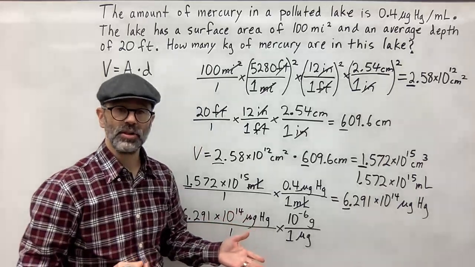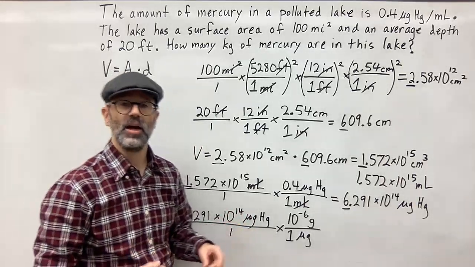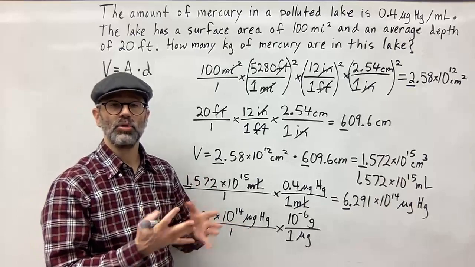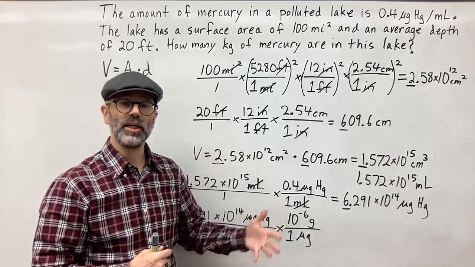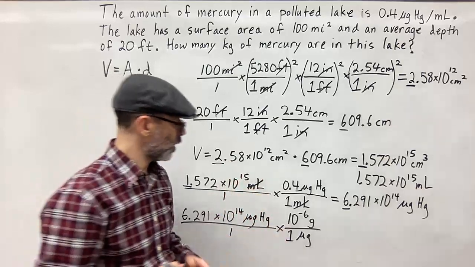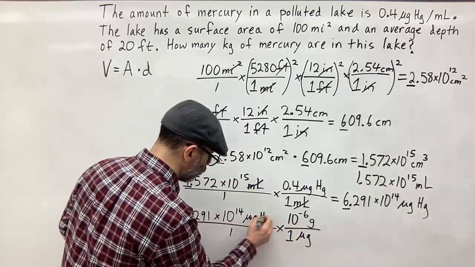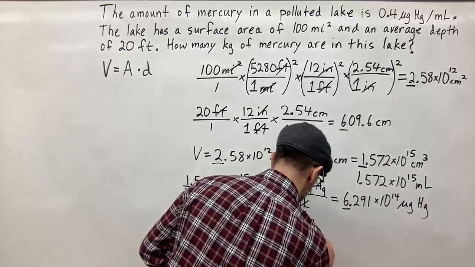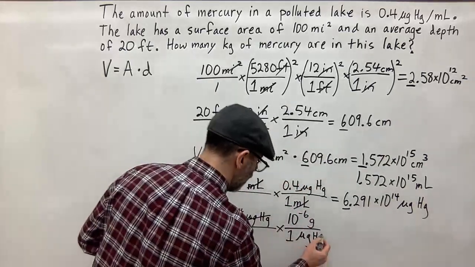The other way you could do this is you can think that 1 gram is equal to 1,000,000 micrograms. That would be the same thing. So either one works. So now micrograms of mercury cancel out.